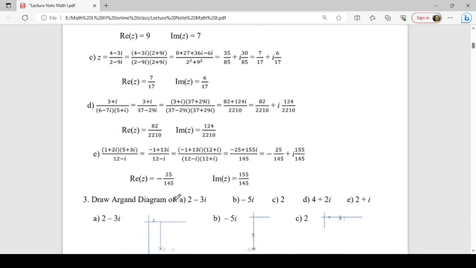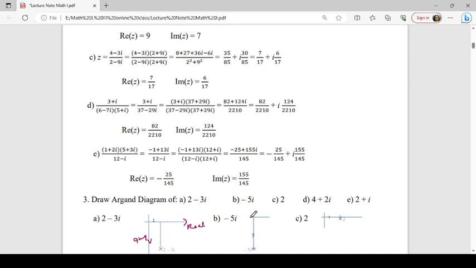Then Argand diagram we need to draw. So 2 minus 3i, so 2 is real part and imaginary part is minus 3. This is the real line, and this is the imaginary line. So it is the negative part, so it is minus 3.